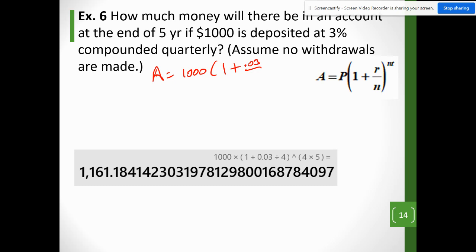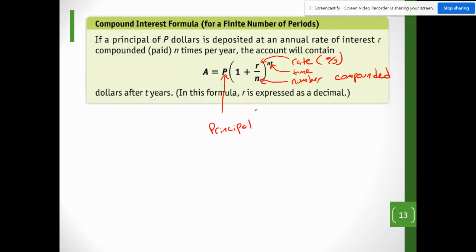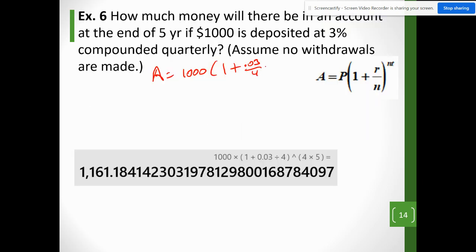Compounded quarterly, so 4 times a year. My n is 4. And my exponent is going to be 4 times 5. Right? My n, I compounded quarterly, so 4 times a year. My t is 5 because I have 5 years.